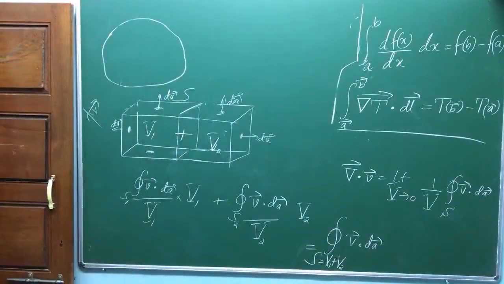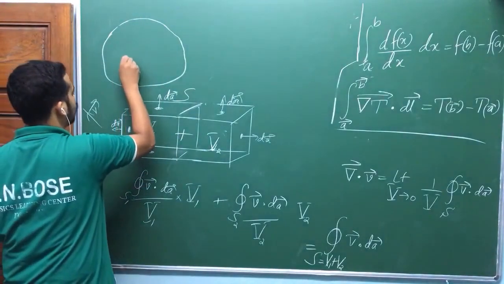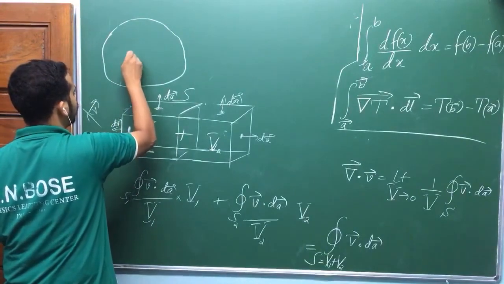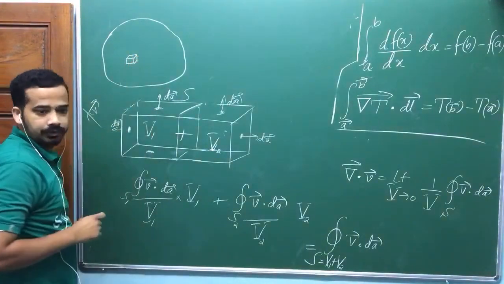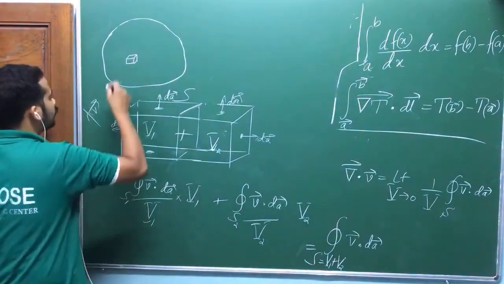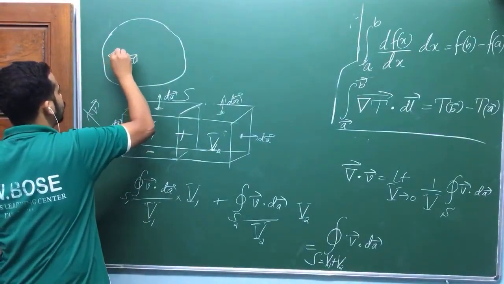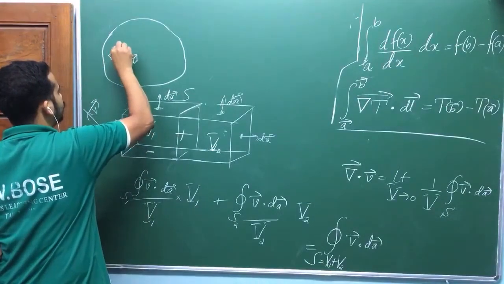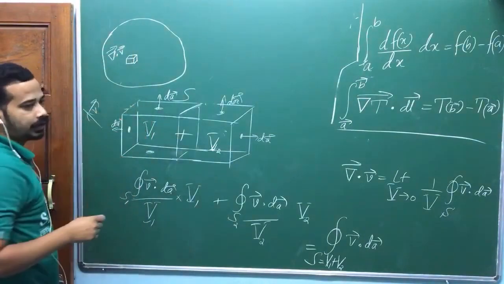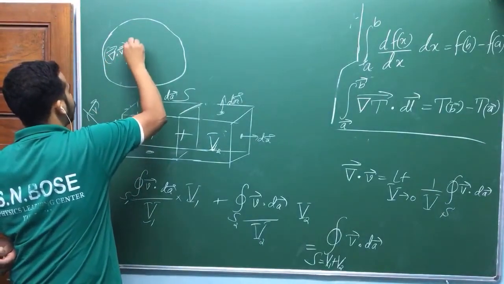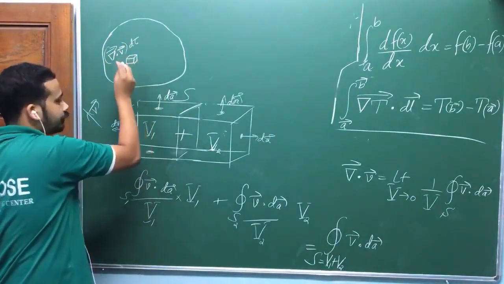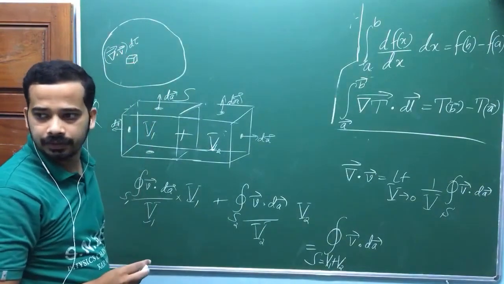I will take an infinitesimal volume element. I'll find the divergence of the vector field at that point, and I will multiply that by d tau, the volume of that infinitesimal volume element.